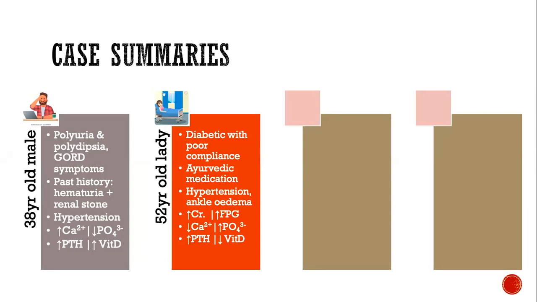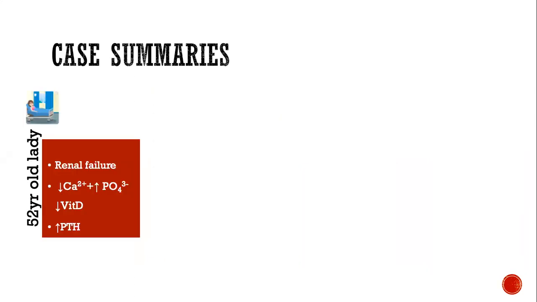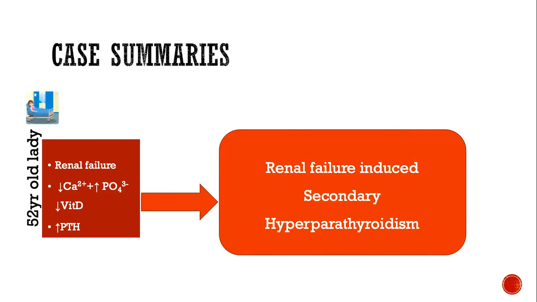She had hypocalcemia, hyperphosphatemia, increased PTH, and decreased vitamin D. So there is renal failure with hypocalcemia, hyperphosphatemia, and decreased vitamin D, which lead to increased PTH secretion. So this is a straightforward diagnosis: renal failure induced secondary hyperparathyroidism.